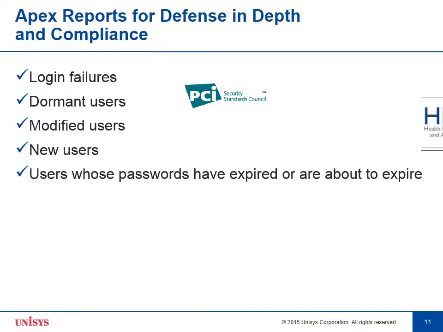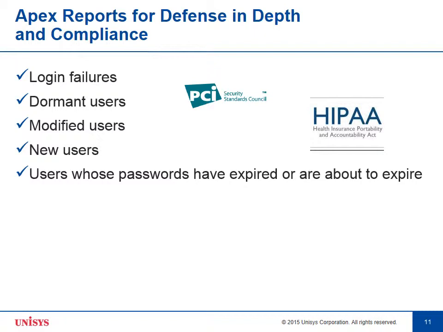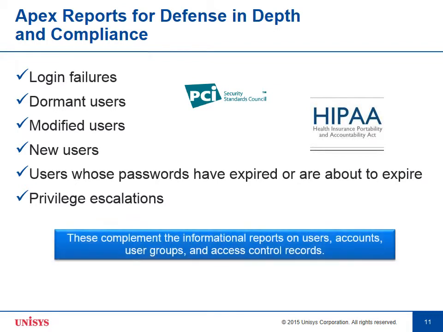HIPAA, the Health Insurance Portability and Accountability Act, requires them to be changed every 60 days. This report helps the administrator establish and verify compliance. The Privilege Escalations report shows users who assign $sys$*DLOC$. Apex also includes informational reports of user and account summaries, user groups, and access control records.